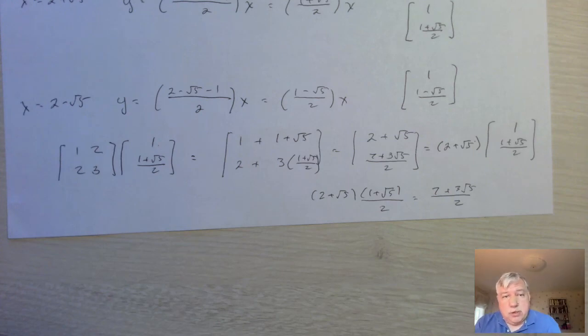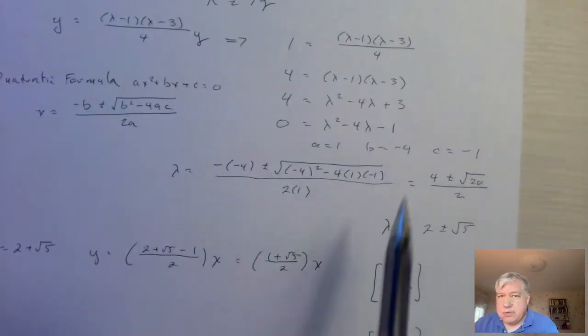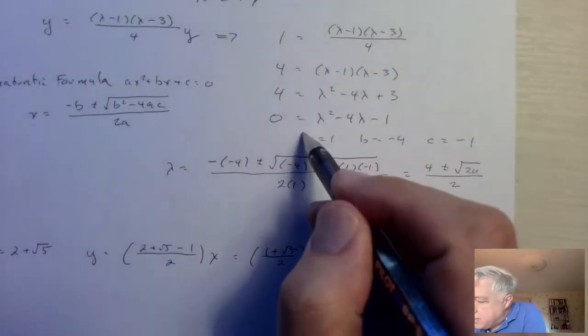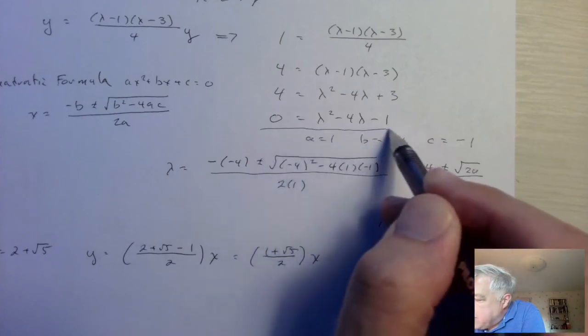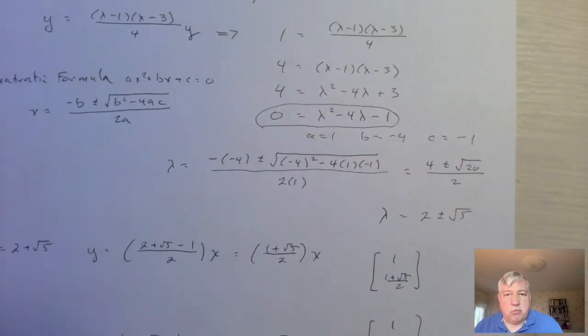All right, so before we quit this video, let me just show you this quadratic equation is going to be a very, very important one. This is an example of something called a characteristic polynomial, and we're going to see that every matrix has its own characteristic polynomial, in which the roots or the zeros of that polynomial will be the eigenvalues.